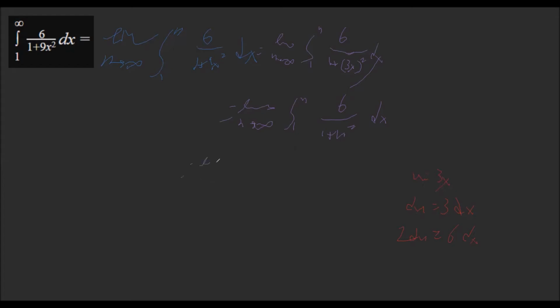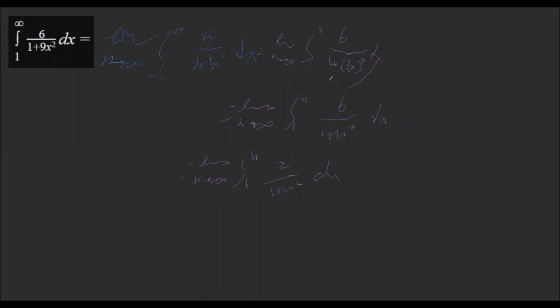We end up with the limit as n approaches infinity, the integral from 1 to n, 2 over 1 plus u squared du. I'm going to erase this over here. It's quite clear what our integral is. Let me write this in pink.